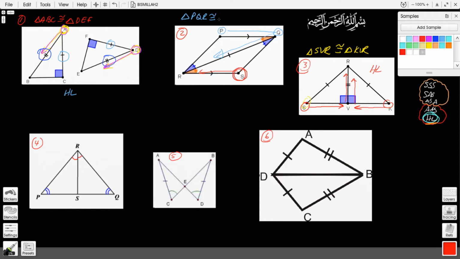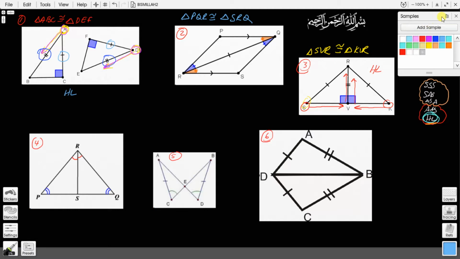So we're going to have PQR congruent to SRQ. That's what we're going to prove. So we're going to prove that PQR is congruent to triangle SRQ.